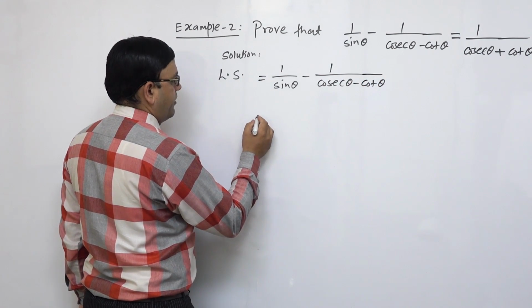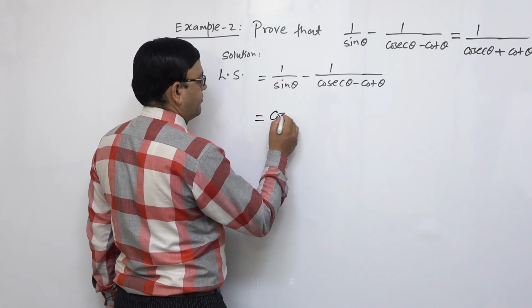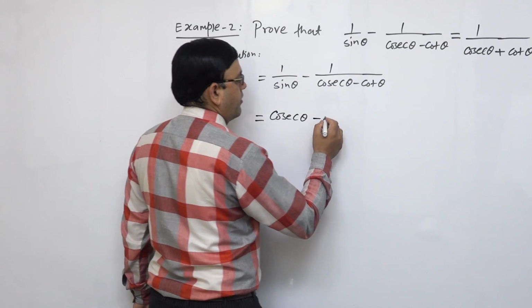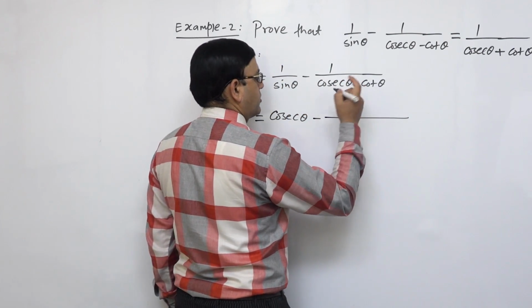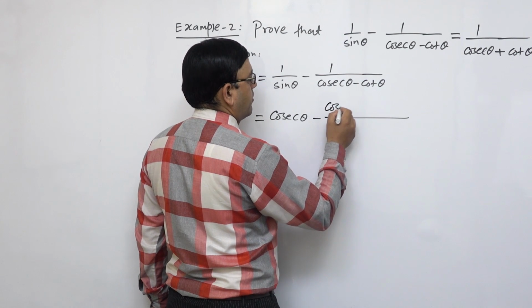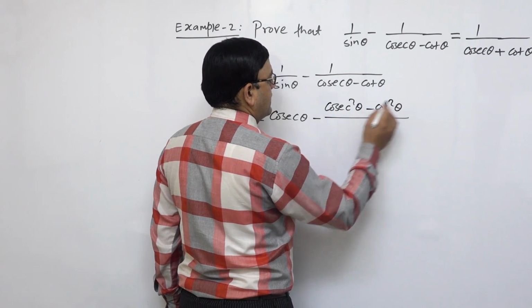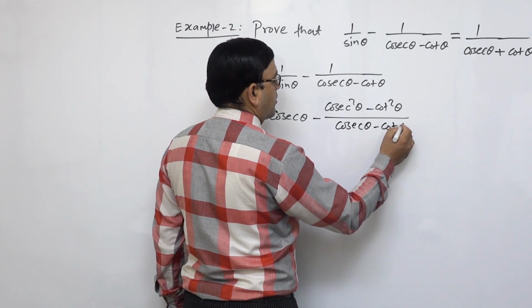So we have this is equal to 1 by sin theta, which means we can write cosec theta, minus, we can use the formula in terms of cosec and cot. So 1 is cosec square theta minus cot square theta by cosec theta minus cot theta.